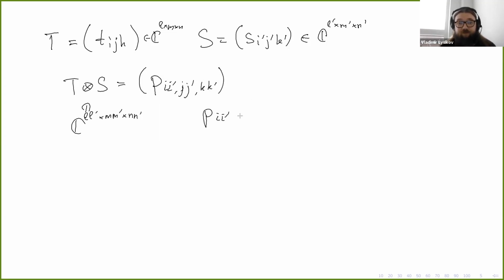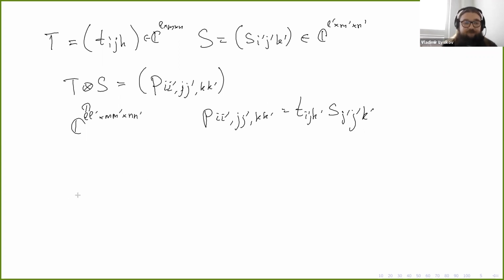And what we do is we multiply the coordinates of t by the coordinates of s. So this is a construction which is somewhat strange to interpret directly, but essentially what it says is that this Kronecker product corresponds to a map which has some kind of outer structure and some kind of inner structure.